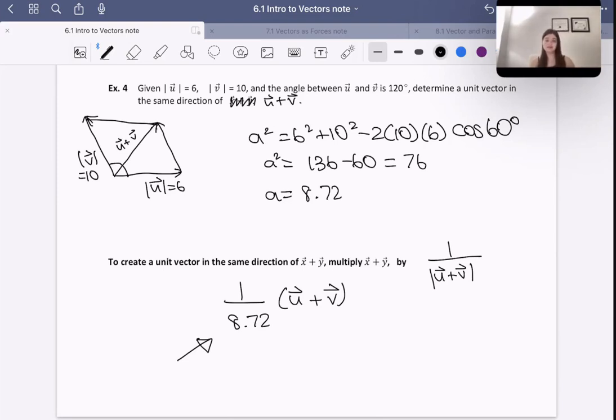Just in general, in all cases, we can apply this. We can multiply our vector by this in order to create a unit vector in the same direction. So whenever you're asked to do that, just remember this rule and apply it, and it's as simple as that.